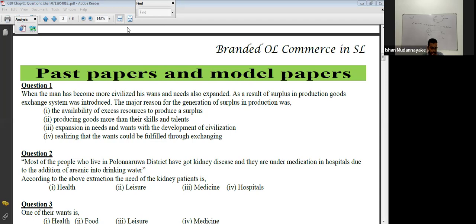Right. I got the answer from Suwani. Yes, the answer is correct, Suwani. Right, now what's the answer for question number 1? The major reason for the generation of surplus in production was. Now, when you're sending answers, please send answers to the host.